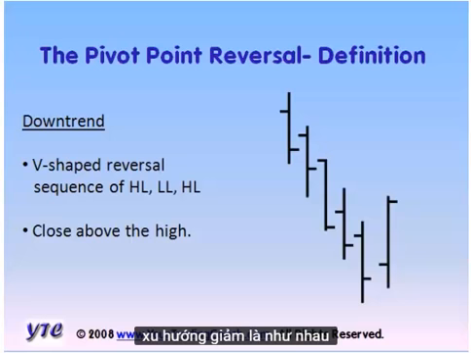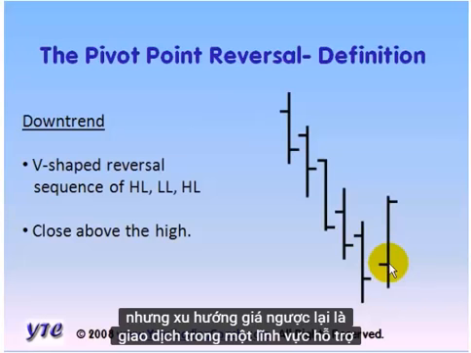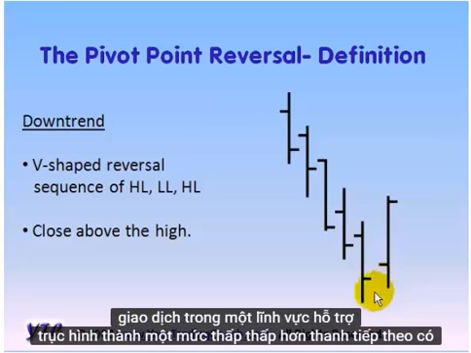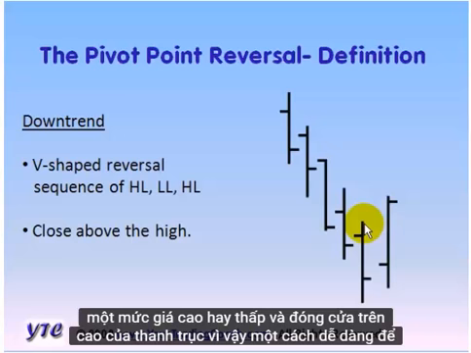The downtrend reversal is just the same but opposite. Price trends downwards, ideally into an area of support. The pivot forms a lower low. The next bar has a higher low, and price closes above the high of the pivot bar.